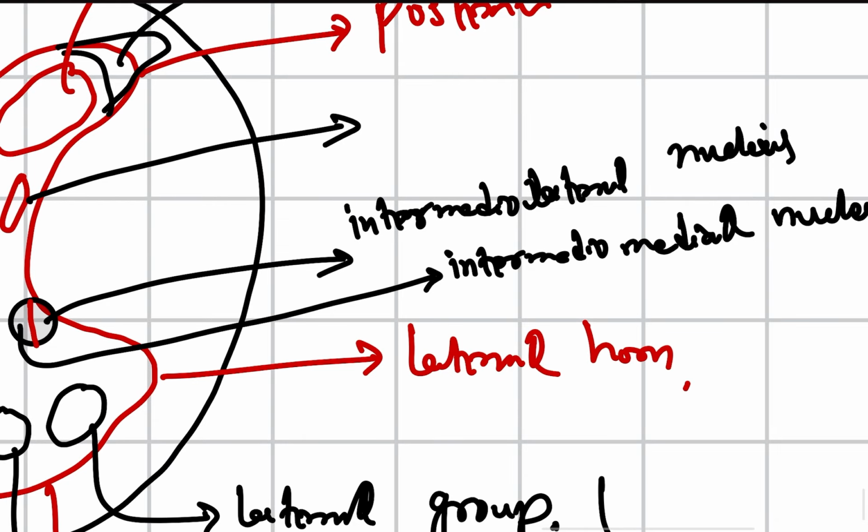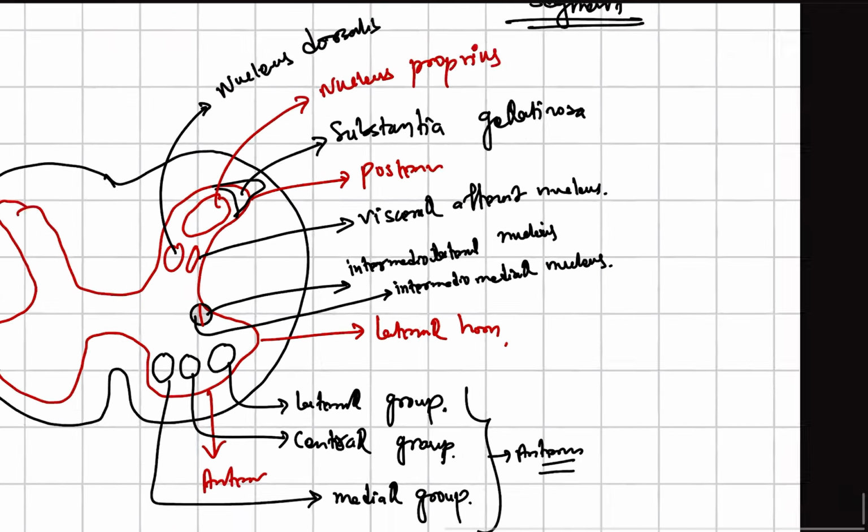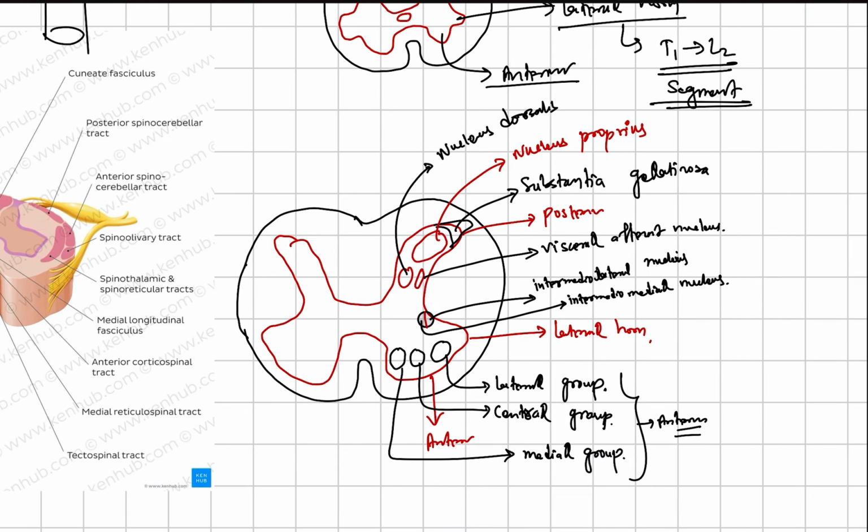And on the ventral side, there is the visceral afferent nucleus. These are the posterior group of the nucleus.